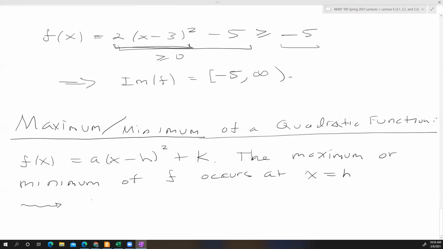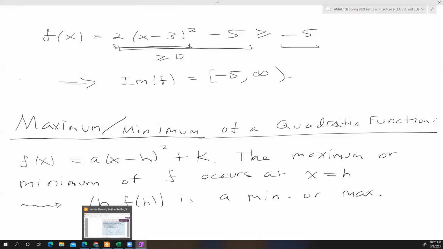So what this means is that the point h, f of h, is a minimum or a maximum point. If you plug in h into this thing right here, h minus h is 0, so f of h is equal to k.